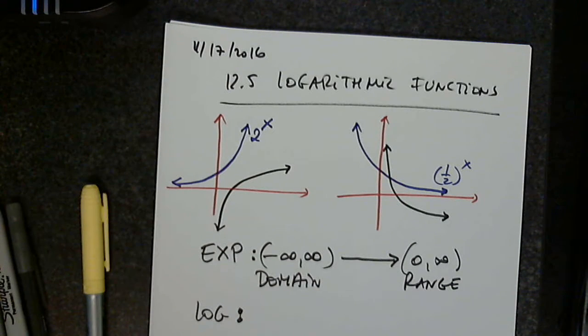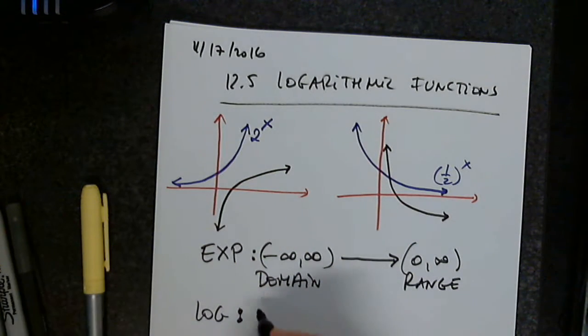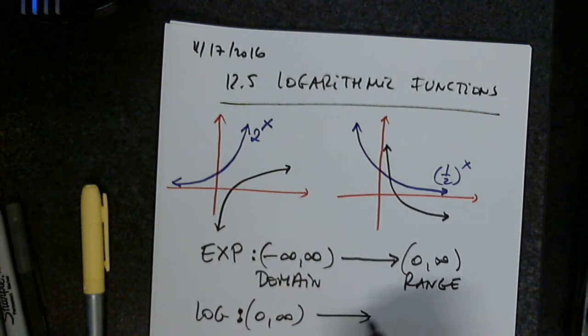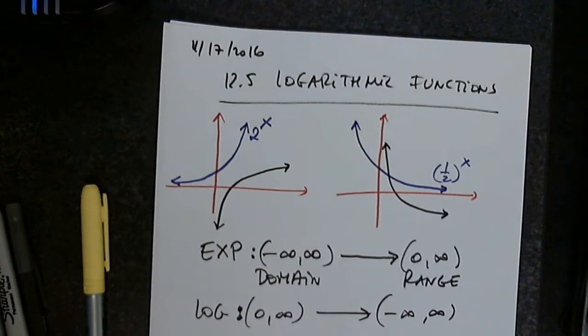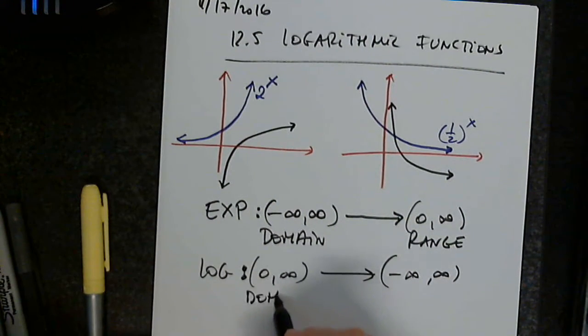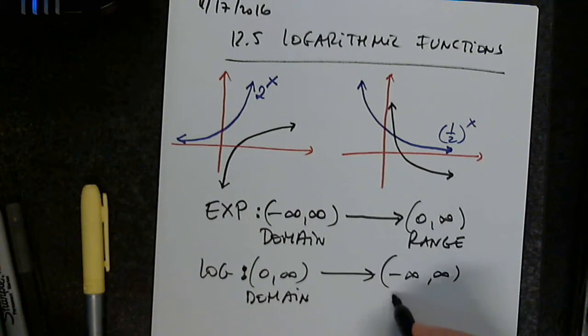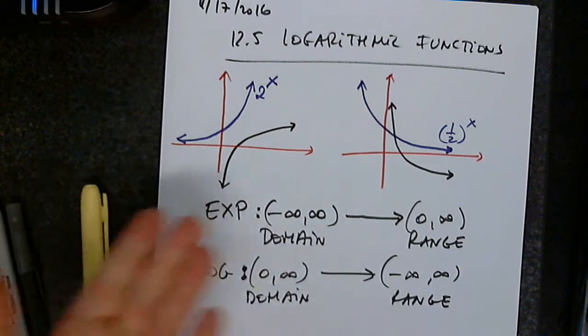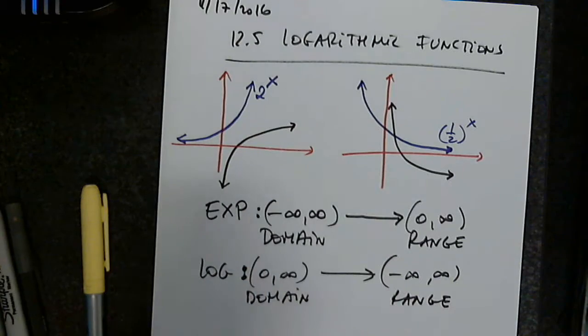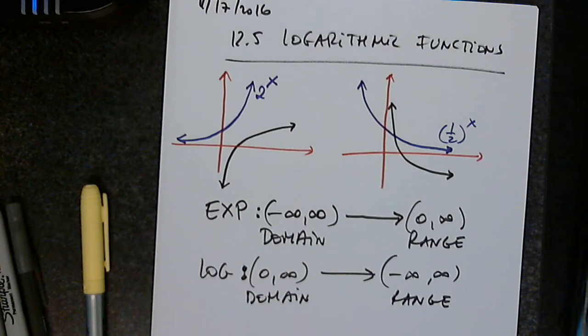On 0 to infinity, and it will return negative infinity to infinity. We established that a long time ago. Because they are inverses. Otherwise, this will not be true. But they are inverses of each other. How do I know? First of all, we graph them by reflecting 2 to the x and 1/2 to the x over the line y equals x.